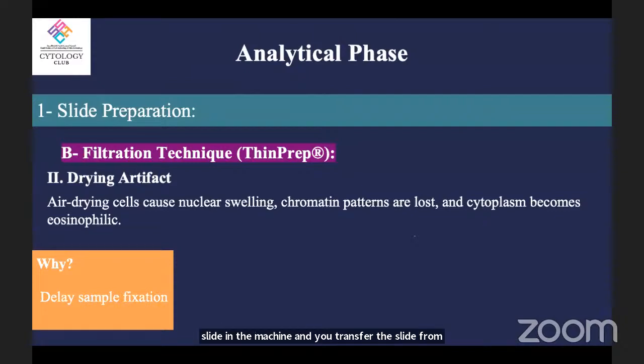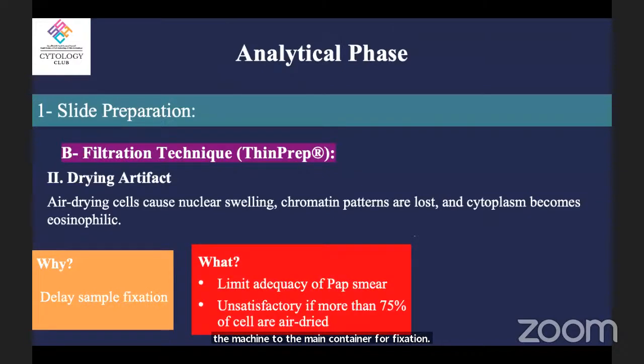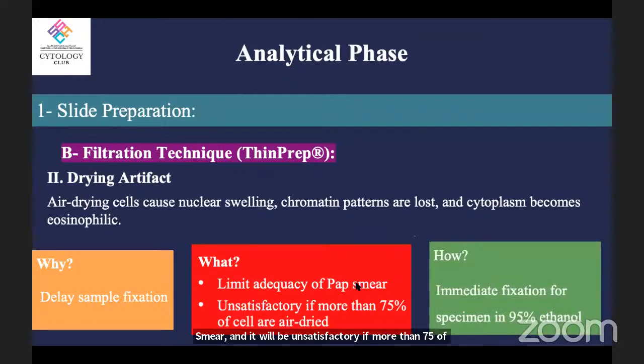If you delay this process, it will lead to air drying artifact, and it will limit the adequacy of the pap smear, and it will be unsatisfactory if more than 75% of cells are air dried. How could we avoid it? Immediate fixation of the slide in 95% ethanol.